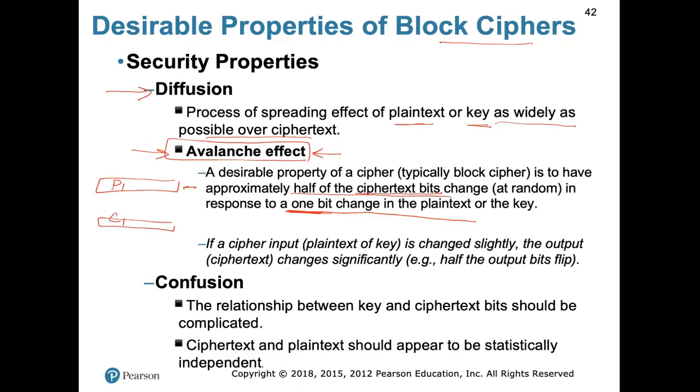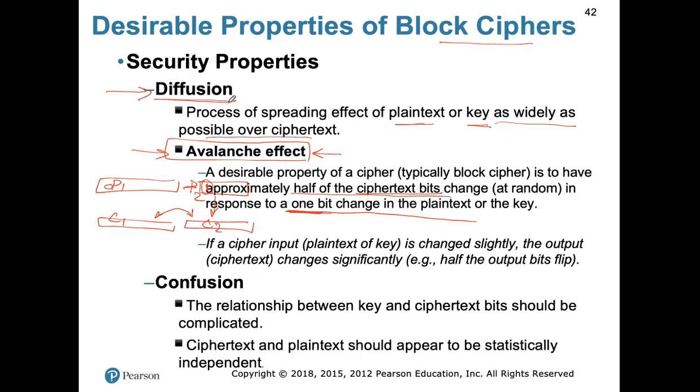If I change plain text number 1 to plain text number 2, and plain text number 2 has only one bit different from plain text number 1, cipher 2 and cipher 1 should have more than 50% different bits. This is a property of diffusion. Changing one bit of the plain text should show more than 50% changes in the cipher.